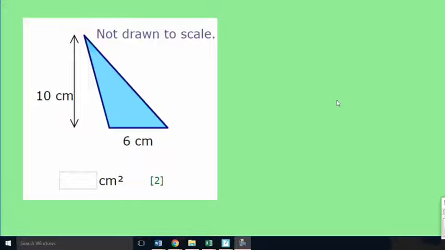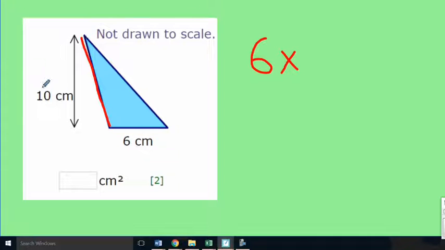This one's slightly different because of this bit here. So here we go. We have the base, which is 6, and we're multiplying it by the actual height of the triangle. Now, don't forget what I said about the actual height being vertically straight up. This bit's slanted here. We're interested in the bit from the base all the way up vertically to the top of the triangle.